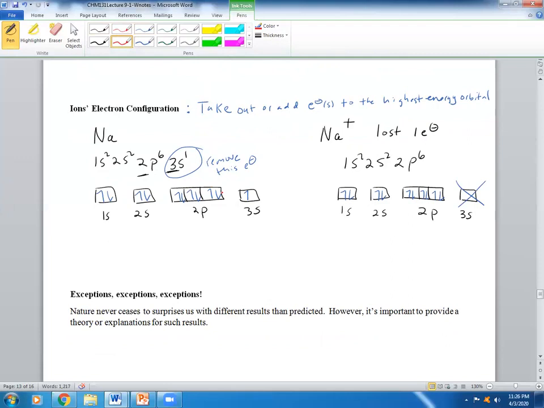If you add an electron or electrons, you add them to the highest energy orbital. So for example, if I have this question, if I have S, and here it's S minus 2. Minus 2 means gained 2 electrons.